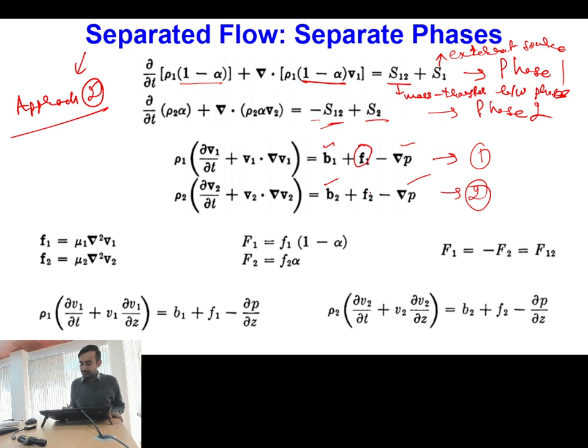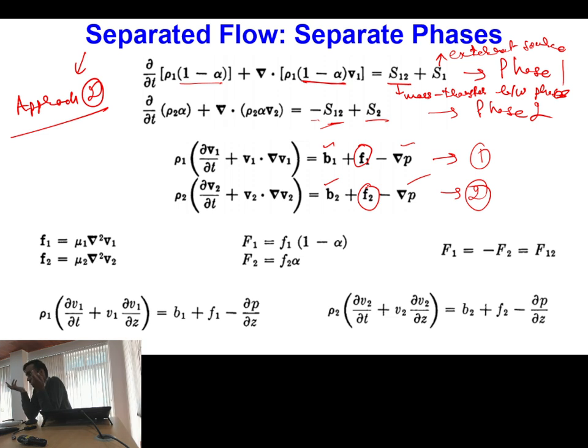Now F1 and F2 are kept as very generic terms, so they can have multiple things together. F1 and F2 will have the surface forces because of the wall shear stress. We know from our very initial lectures that whenever we include the wall shear stress, we only consider the continuous phase.